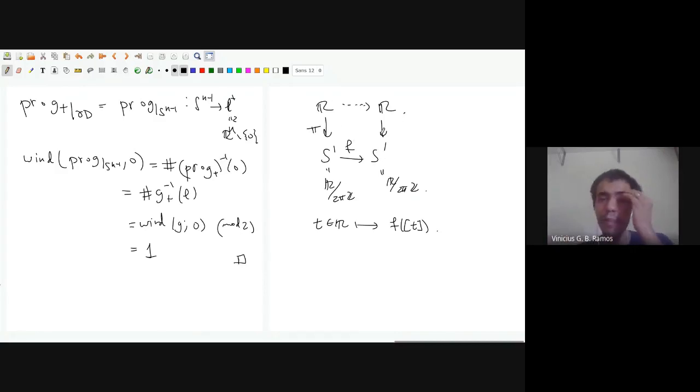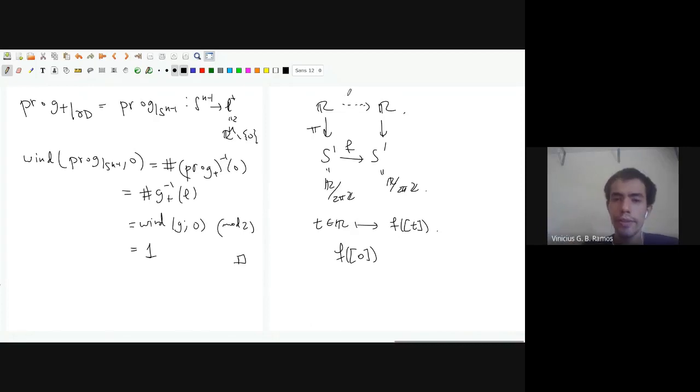And you can, for example, see where 0 is taken. So where is f of 0? Well, 0 is going to be taken to some element of S1, and you can just choose the lift to be some element between 0 and 2 pi.